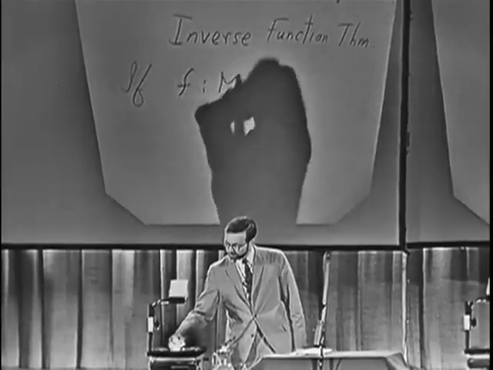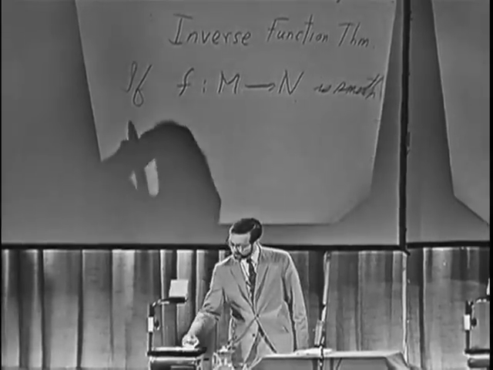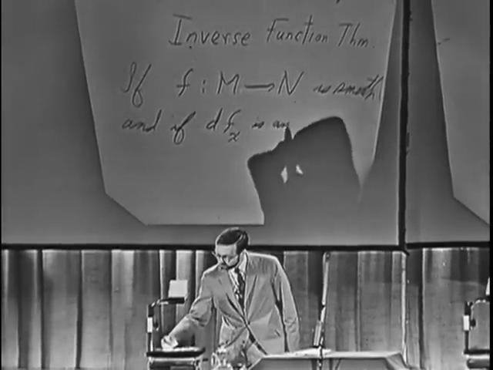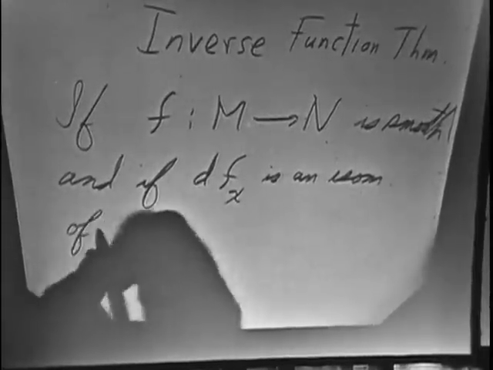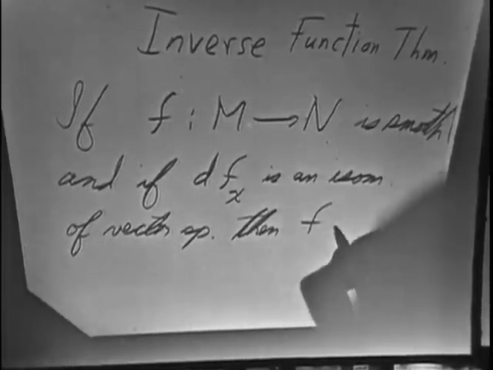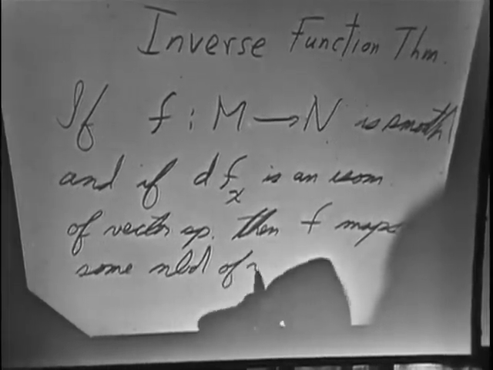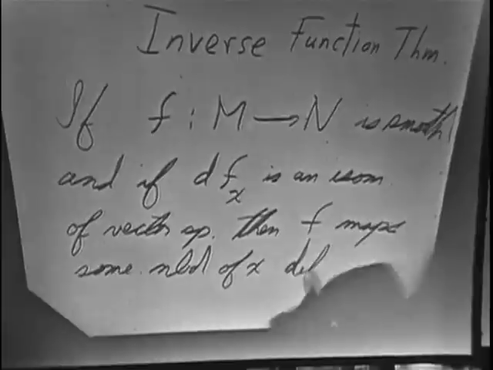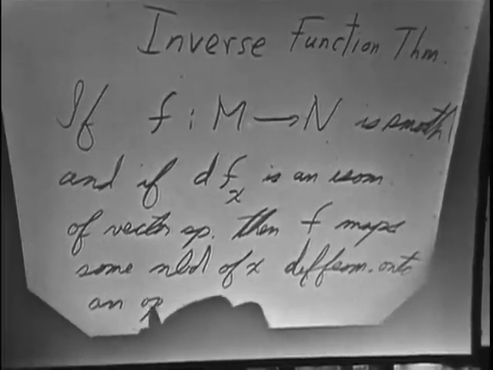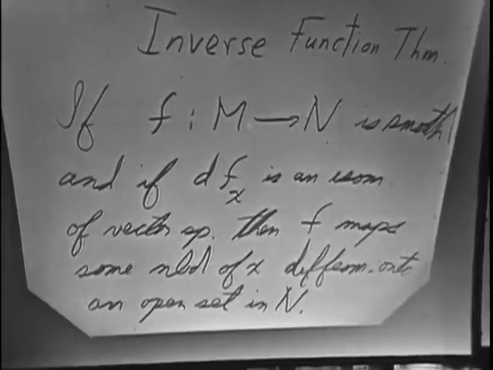If f mapping M to N is smooth, and if the derivative at x is an isomorphism of vector spaces, then we can say that f maps some neighborhood of x in M diffeomorphically onto an open set in N. This is a classical theorem, but it is one of the basic things one uses over and over again in differential topology.